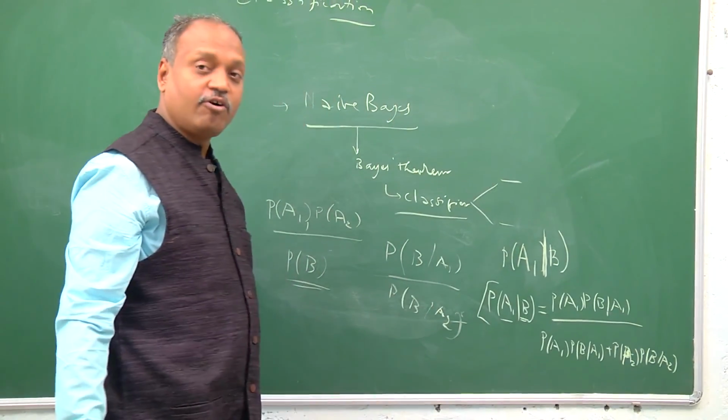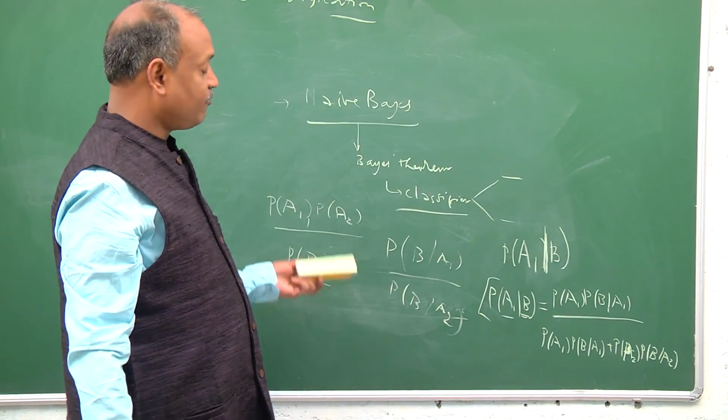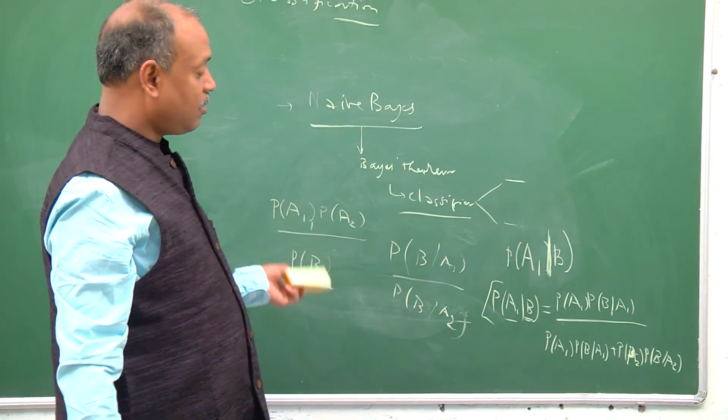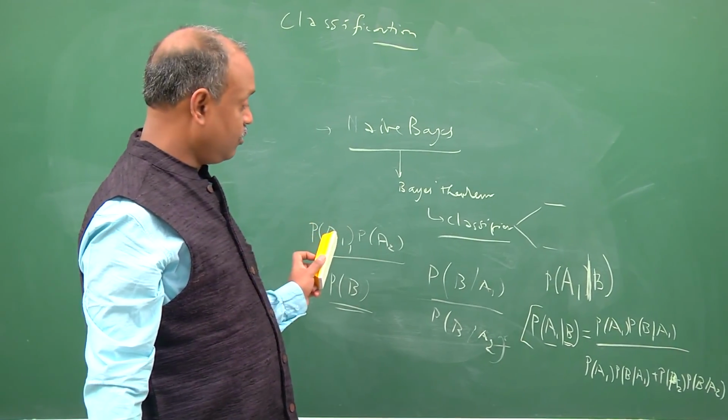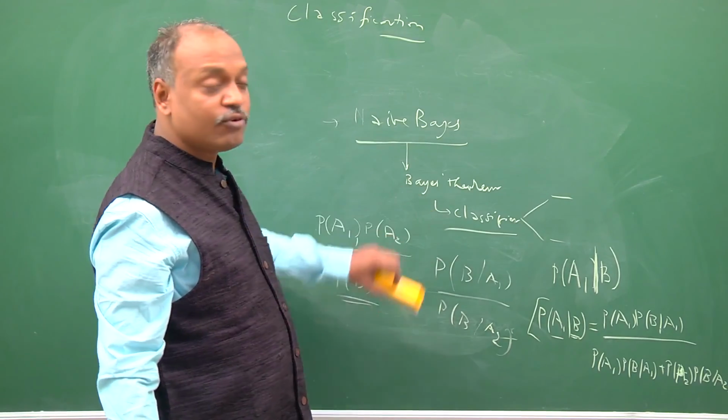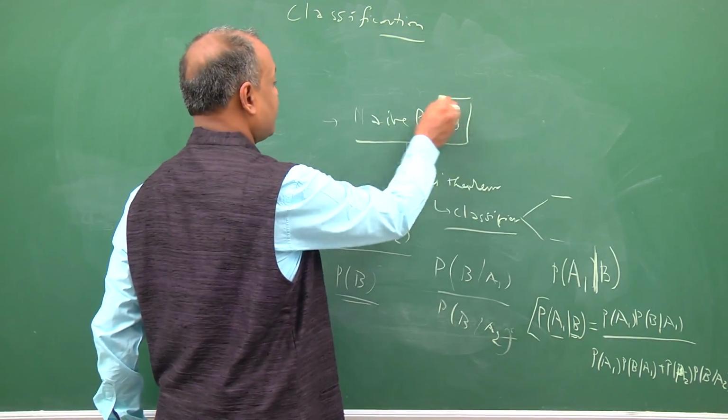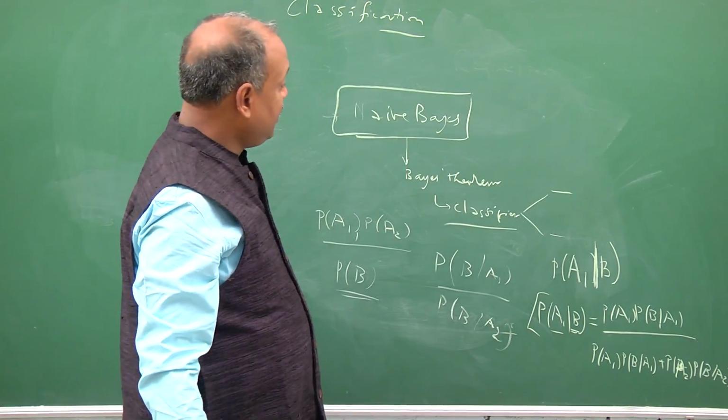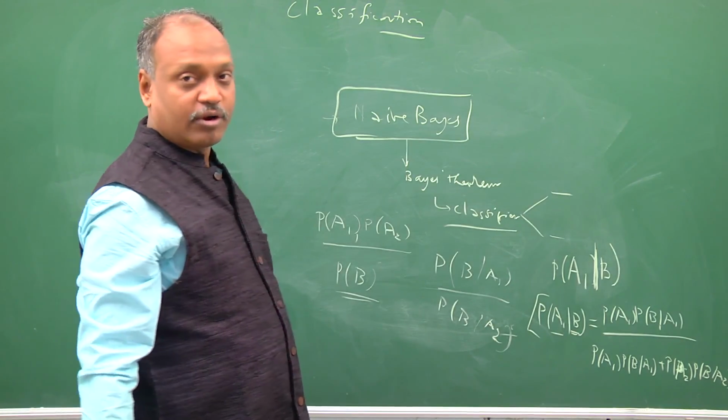So this is a way of approximating the probability of the class being A1 or A2 given the observed event B. This is a powerful way of deriving a classifier, especially for classification algorithms.